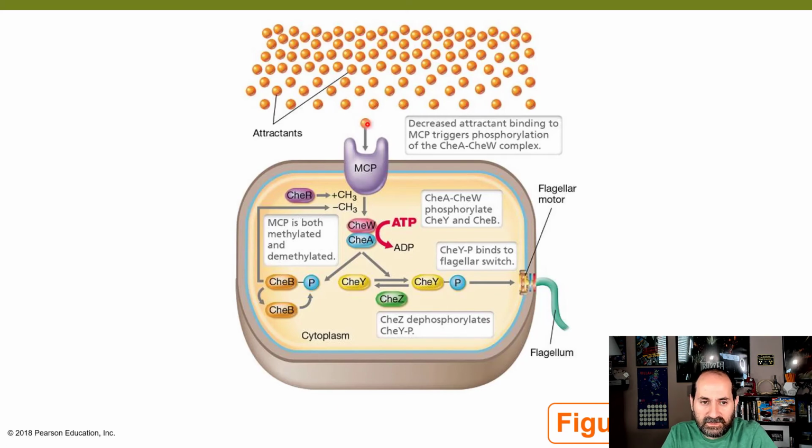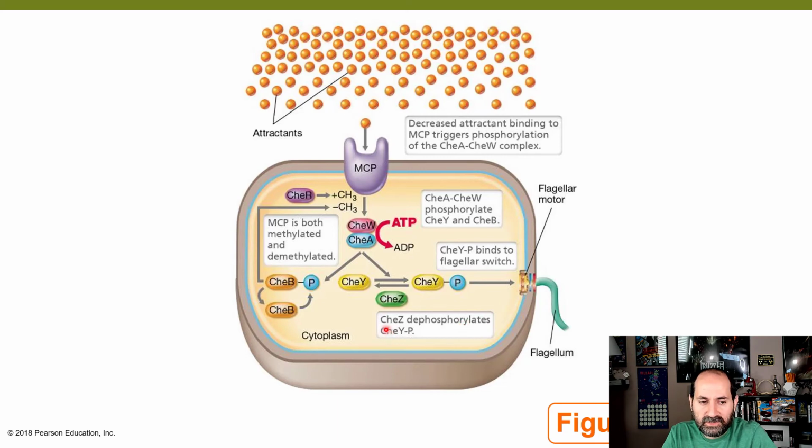When there's decreased attractant, MCP promotes phosphorylation of the CheA, CheW complex, which then results in phosphorylation of CheY to phosphorylated CheY. Phosphorylated CheY can bind to flagellar motor proteins, the flagellar switch it's called, switching the flagellum to a clockwise rotation to induce tumble.